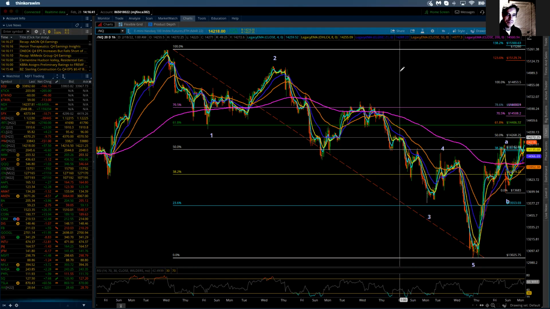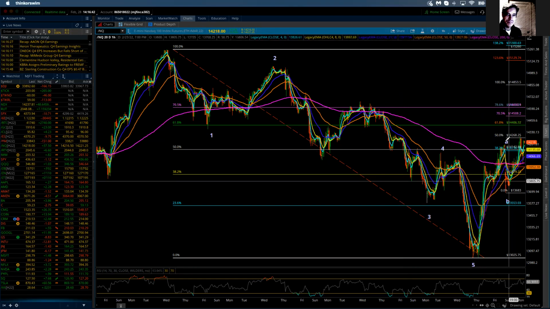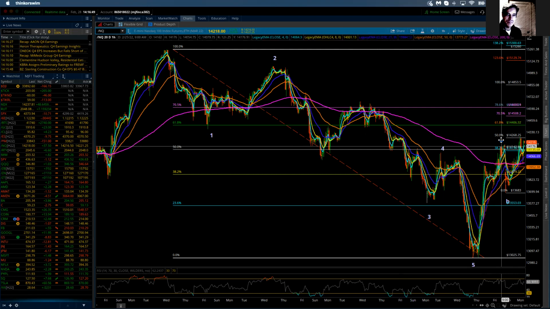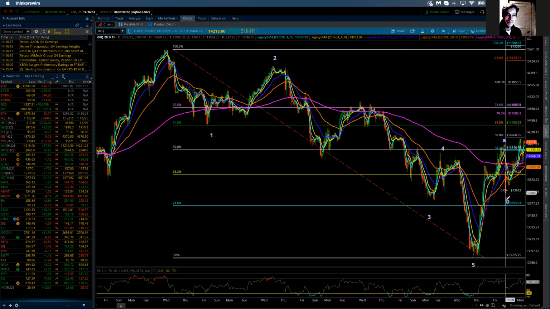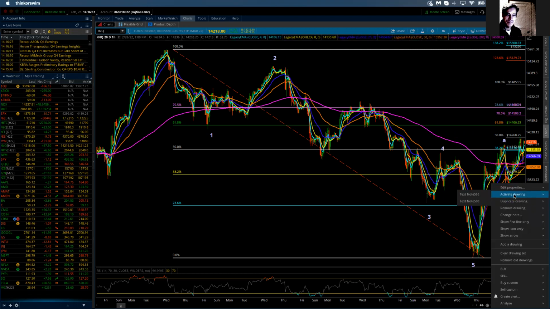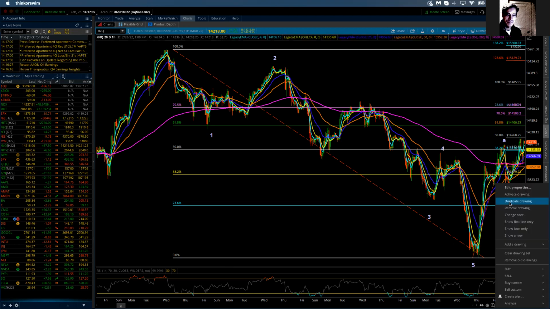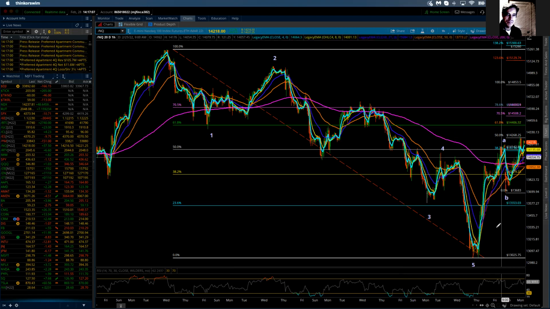So a little adjustment to the count, nothing too dramatic, but it does give us a little bit more room for rally. Whether that's what we're expecting or what you might be expecting, it's interesting, but it's what is happening right now. So let me just clean this up a bit.